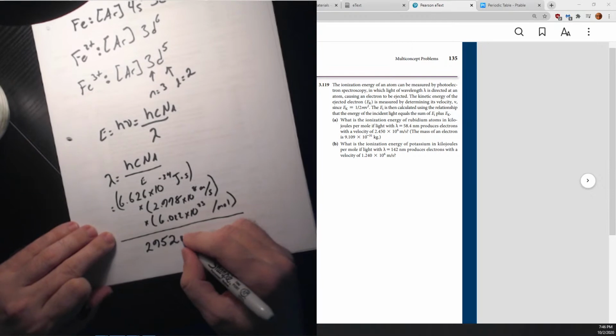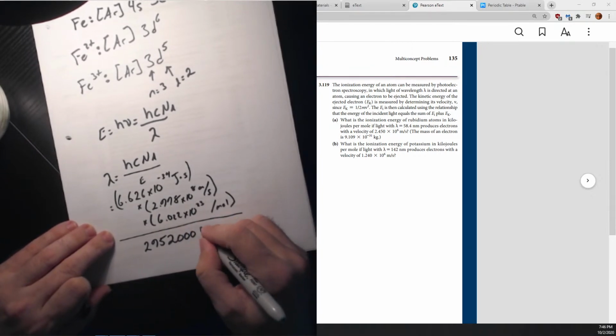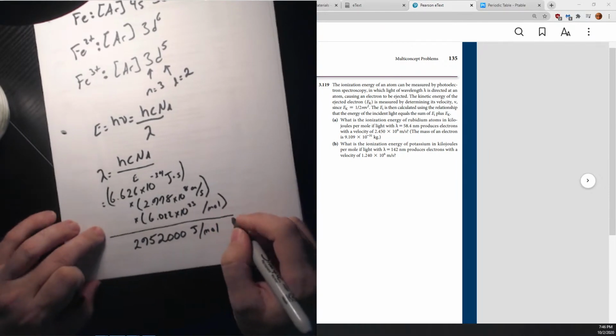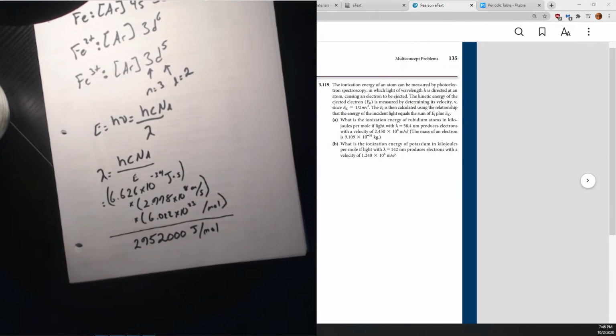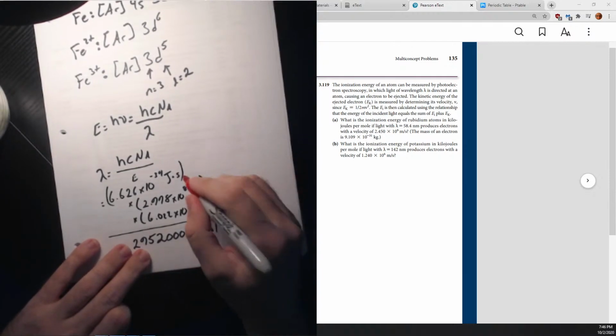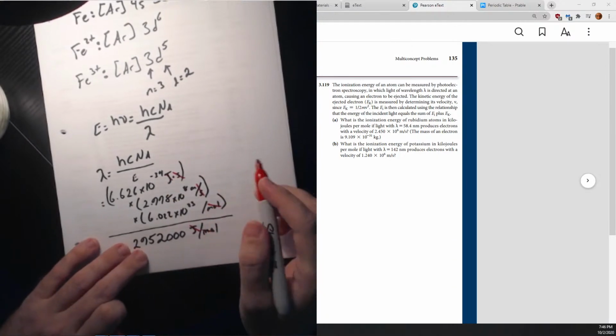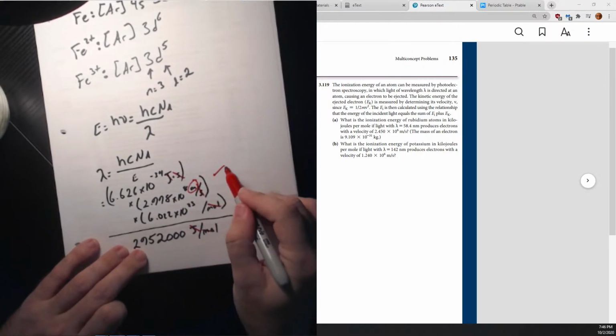That's kilojoules per mole, so I'm just going to turn it into joules by multiplying by 1,000, joules per mole. All right, let me double check the units: seconds cancels, joules cancels, moles cancels, and that's going to leave us with meters. Good.